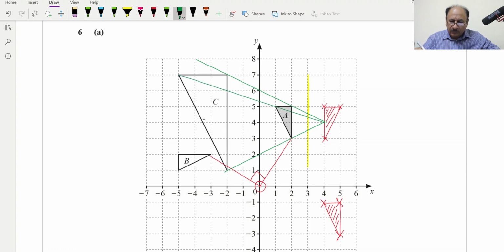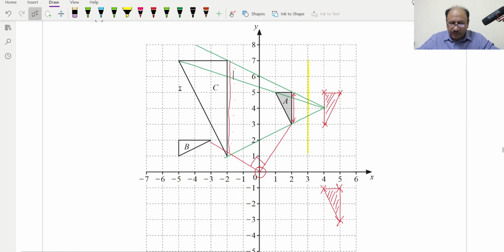If we check this length, this length is 2 units, whereas this length is how many units? 1 2 3 4 5 6 units. So it's scale factor 3.